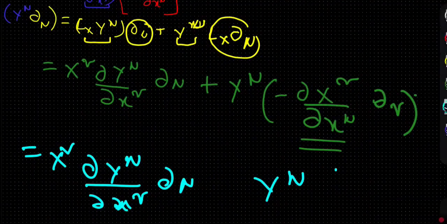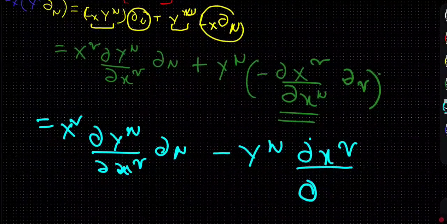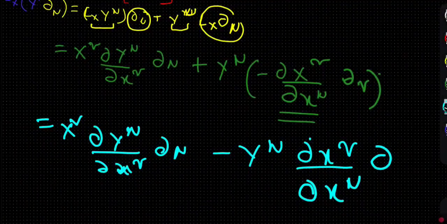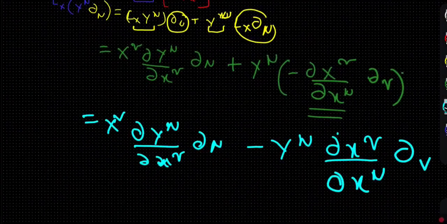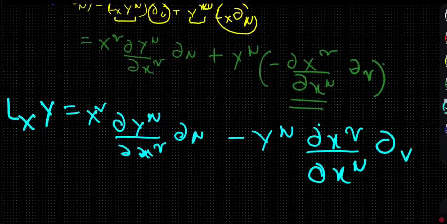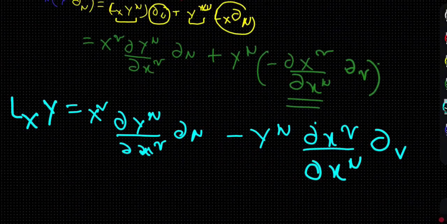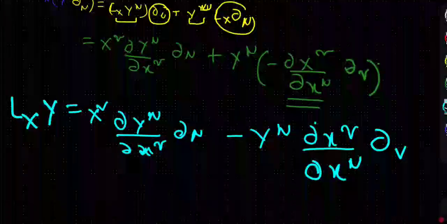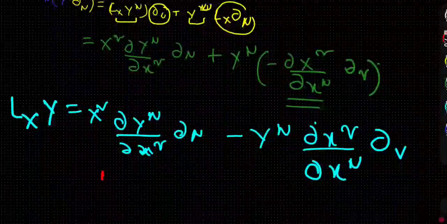Okay, I'm writing here the negative sign, and it will be del x^nu divided by del x^mu and del nu. So this is our result, and this is equal to the Lie derivative acting on our y. See here, this is a very important thing I'm going to talk about. The commutator relationship that we have defined is exactly equal to this.